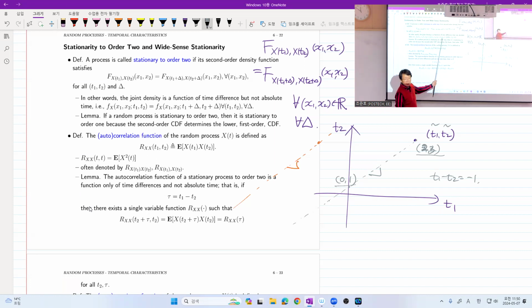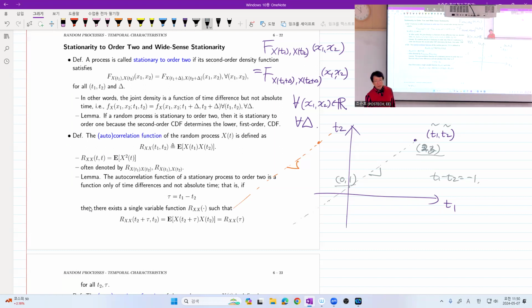However, under the assumption of stationarity to order 2, what happens? All the time pairs give you the same second order PDF. On this line, all the different points have the same second order PDF. Be careful here. The second order PDF for this line may differ from the second order PDF for that line.